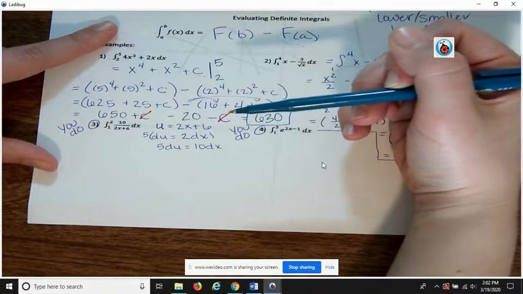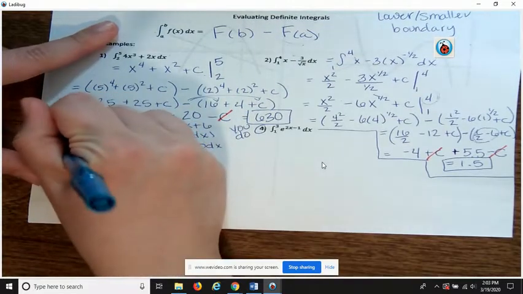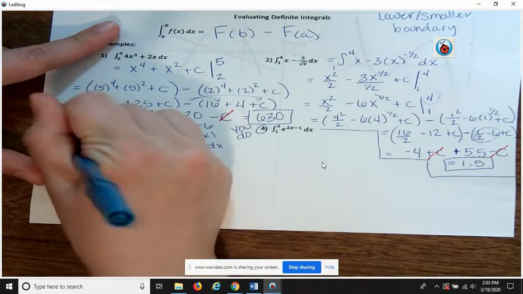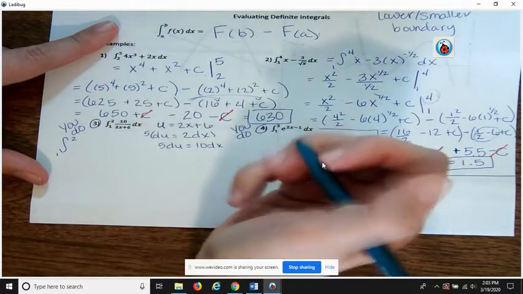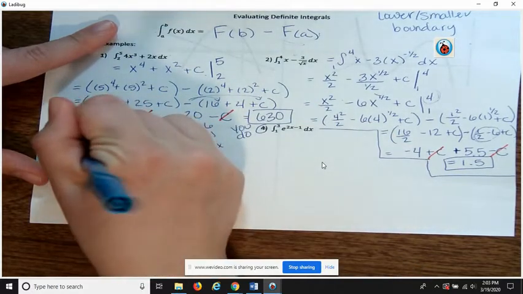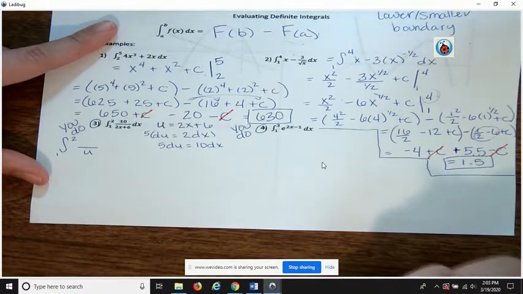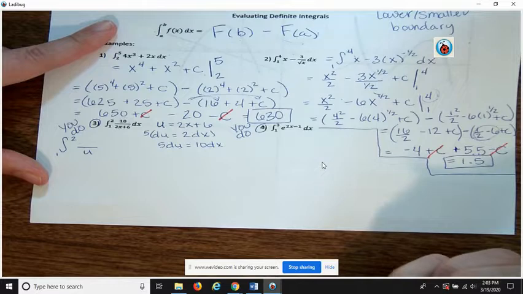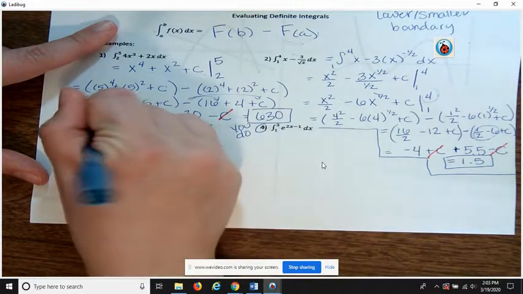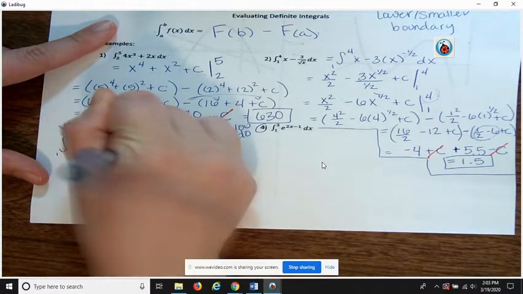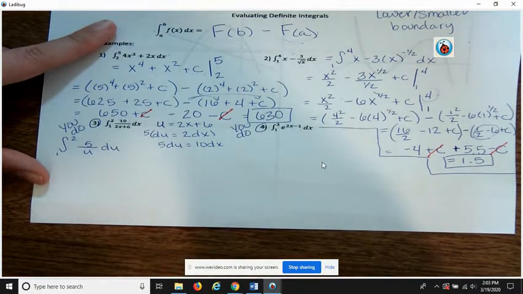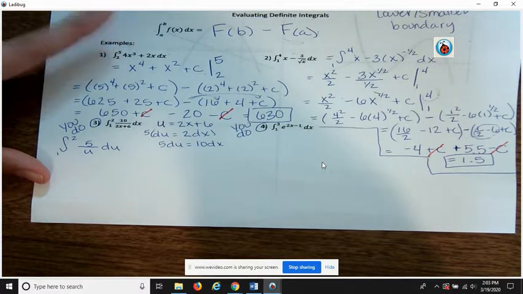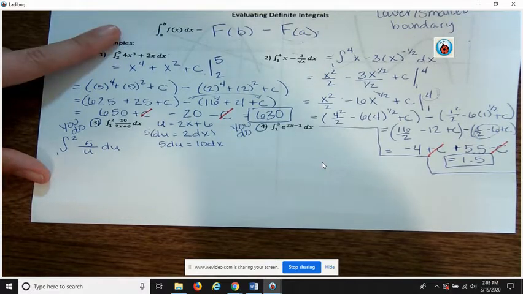So I'm going to rewrite our integral just exactly as it is, but with u's instead. So I will have u in the denominator, because that's what I pulled out. And then I will have 5 du for the rest of it. Now, something over u is always going to be integrated to natural log.